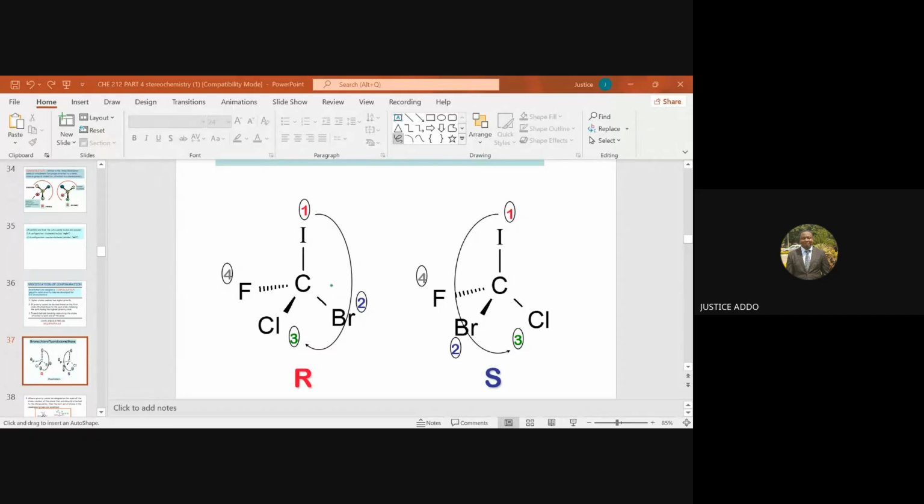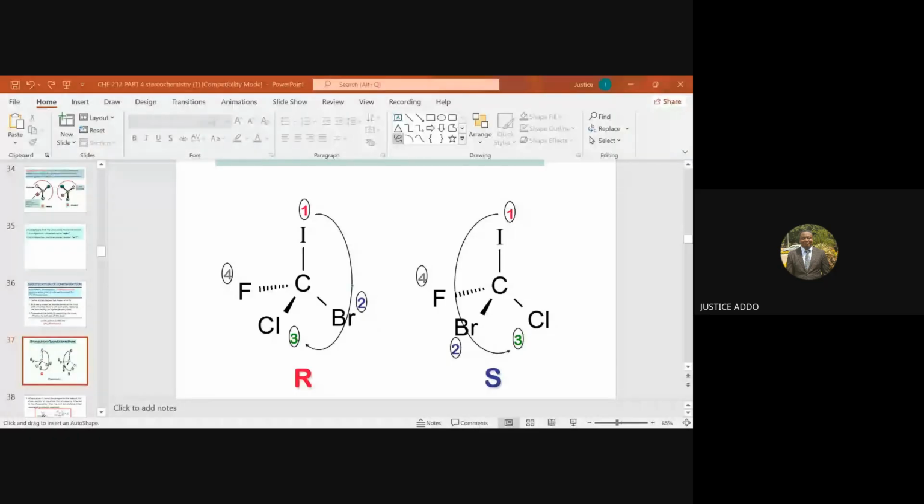Other than that, what you also do is, if you are moving from 1 to 2, and then the 3, which should be chlorine, now it is fluorine, because you are getting to the least group, fluorine, you assume the opposite direction as the configuration.